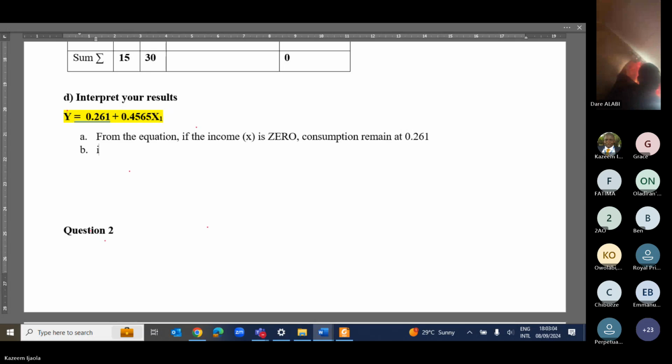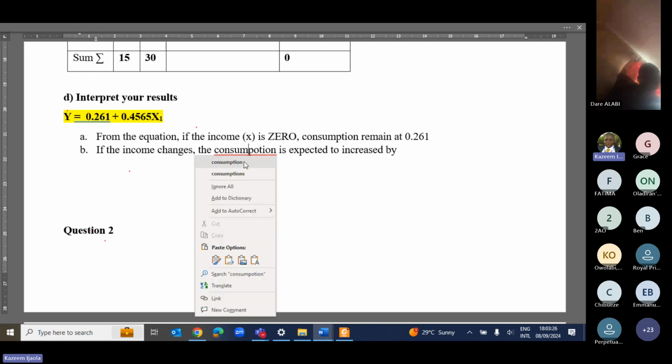If the income changes, the consumption is expected to increase by what? Anybody? If your income changes, your consumption is expected to increase by what?